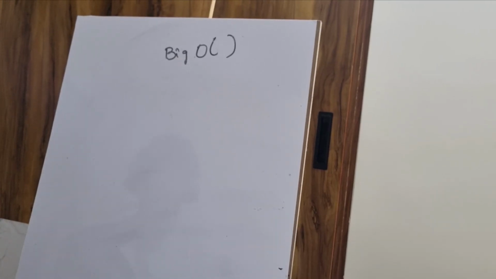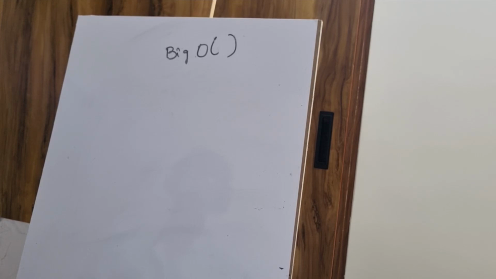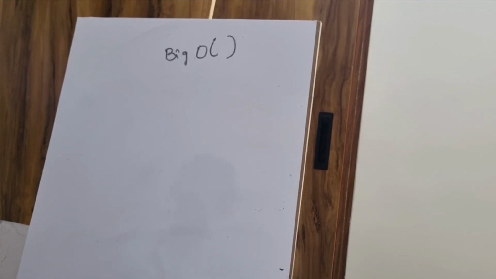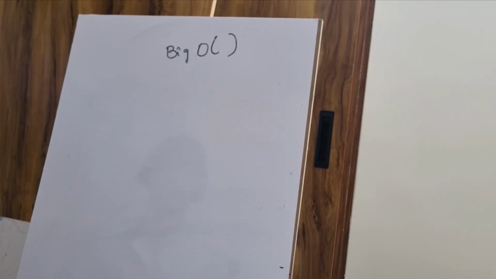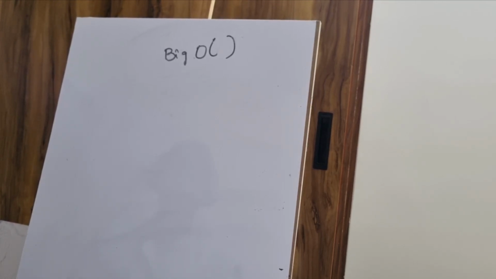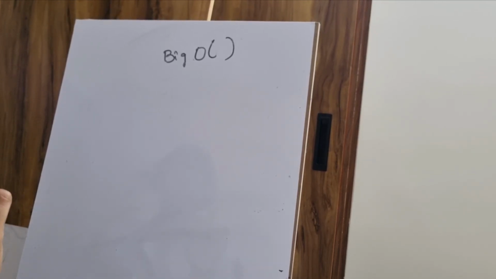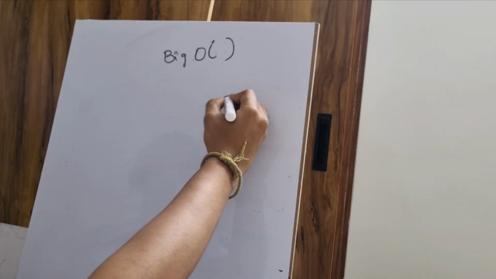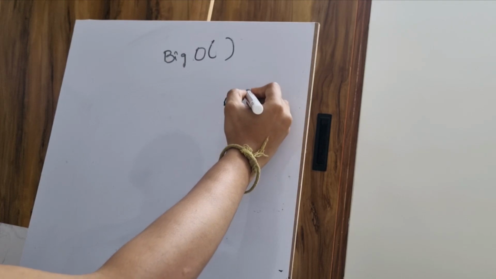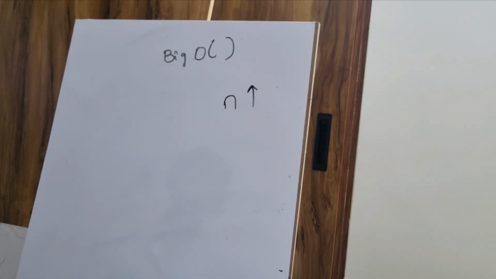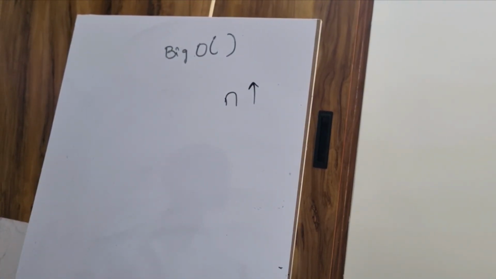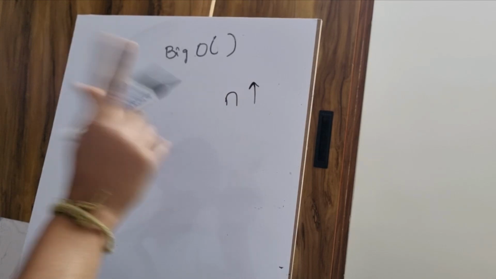Okay, now we'll be looking into the best time complexity that an algorithm can have. The best time complexity is where the number of calculations does not depend on the value of n. Regardless of how high the value of n is, the number of calculations should remain constant.